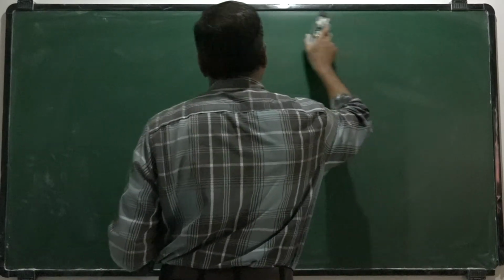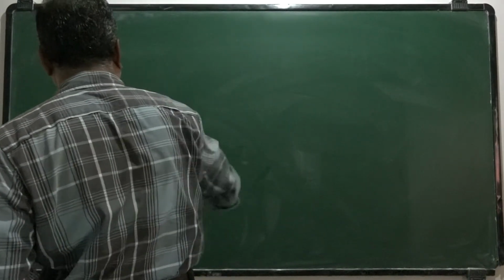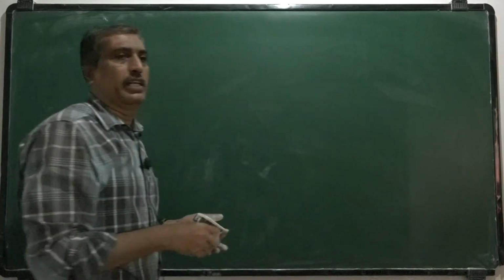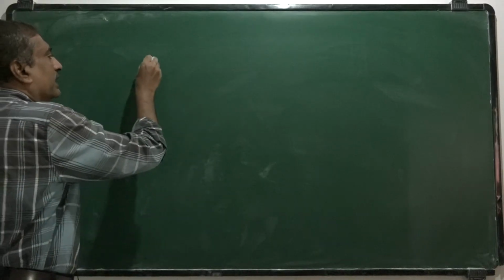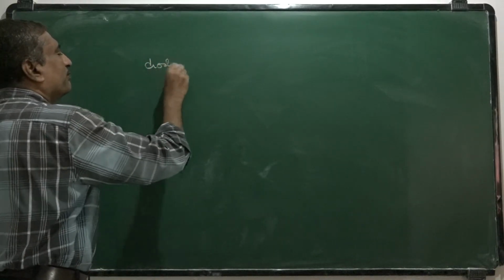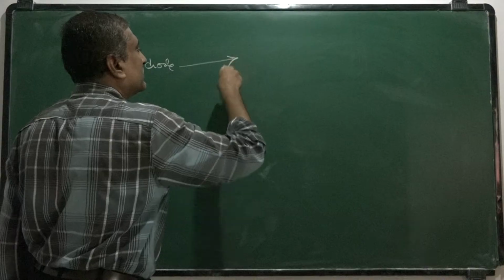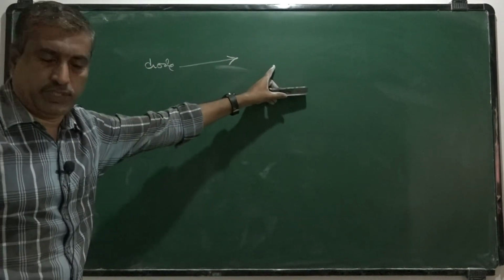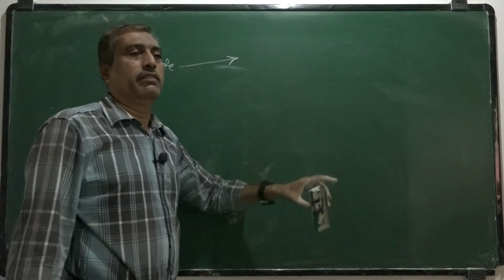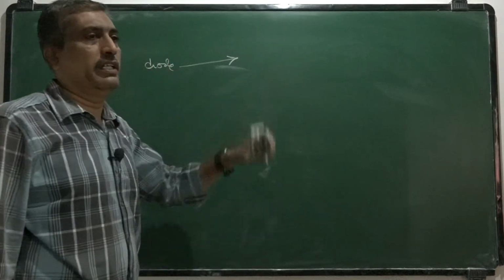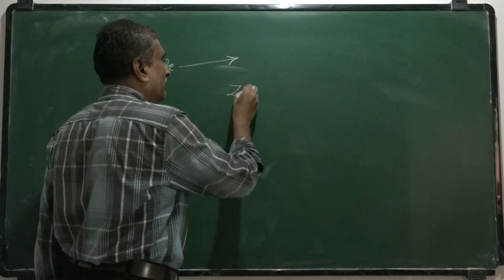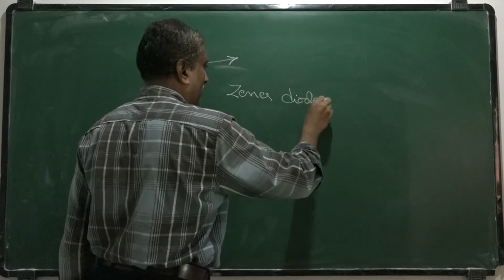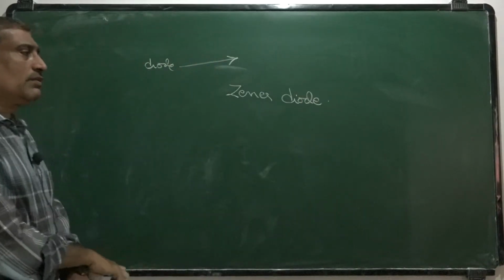This Zener breakdown is used as a voltage regulator, and this diode is called a Zener diode. A diode which undergoes Zener breakdown in reverse bias is called a Zener diode.